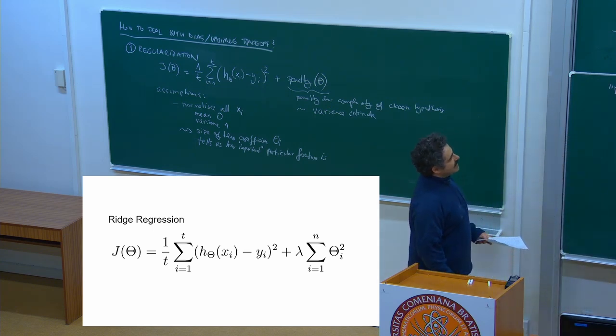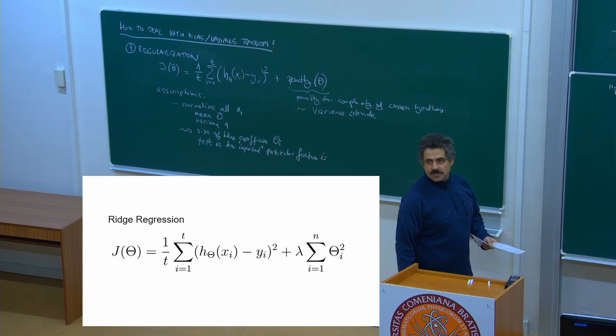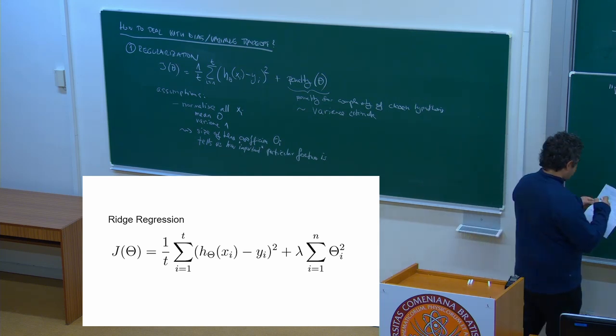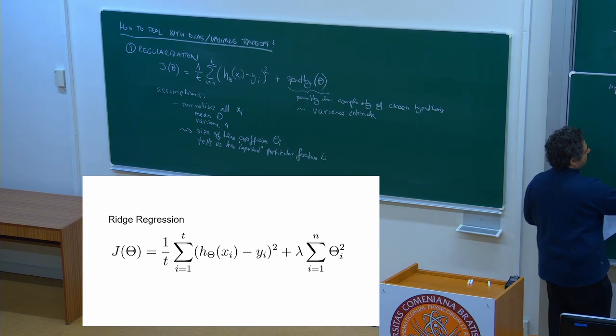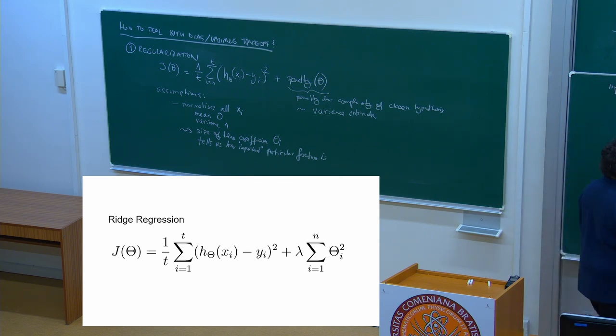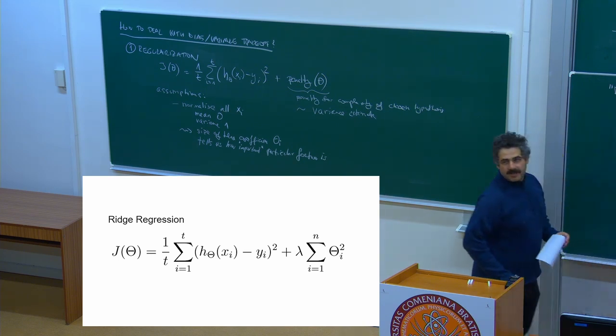In this case, this is a nice method because it doesn't change much. Before we had x transpose times x times theta. So these were the normal equations.